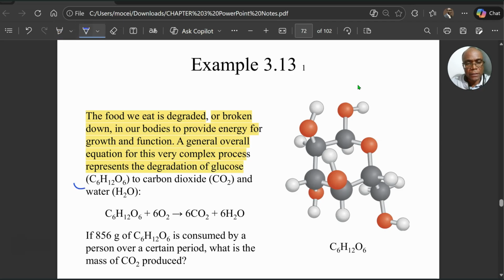The formula of glucose is given here. You have 6 carbons, 12 hydrogens, and 6 oxygens. So you're breaking down your glucose to form CO2 that's going to be exhaled, breathed out, and water that you could sweat out or pee. So the process is shown down here of how glucose is broken down to CO2 and water.